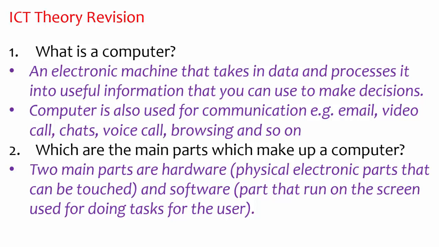So a software must be on the screen and must help you to do a certain task. If something is on the screen and it cannot do any task, like images, they are not software. Those are maybe images or pictures or a wallpaper or a background image. But software must be able to do a task.